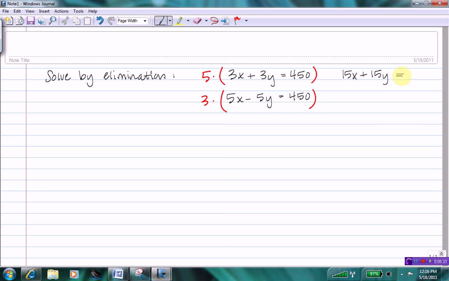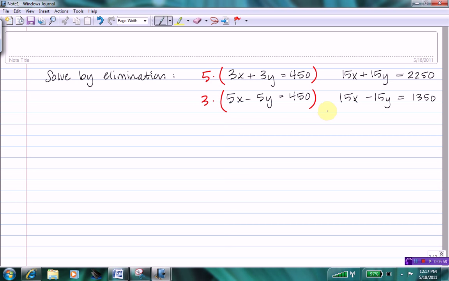And when I multiply 450 times 5, I get 2,250. Now I'm going to multiply the second equation through by 3, and I get 15x minus 15y. And when I multiply 450 by 3, I get a value of 1,350.